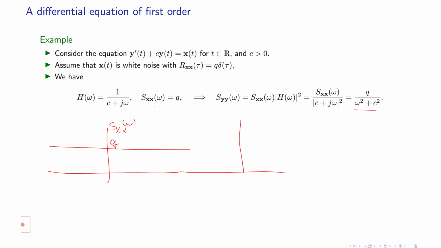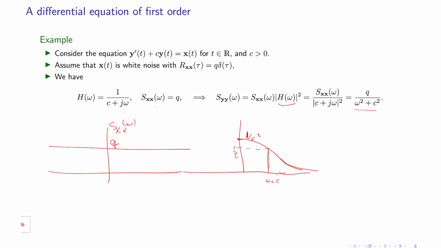And H of j omega is a function like that, which at low frequencies you get 1 over c, and then at high frequencies this filter decays, so it has a bandwidth which is controlled by c. So at frequency 0 you get 1 over c, and then at omega equal to c you get 1 over square root of 2c.